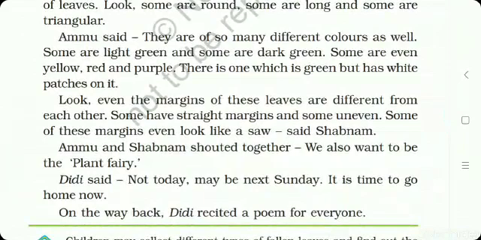Some have straight margins and some uneven. Uneven means not the same. Some of these margins even look like a saw, said Shabnam. Amu and Shabnam shouted together, we also want to be a plant fairy. Didi said, not today, maybe next Sunday.